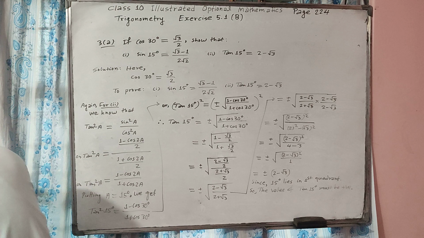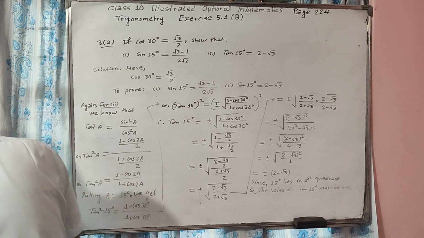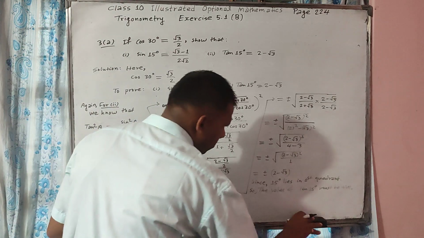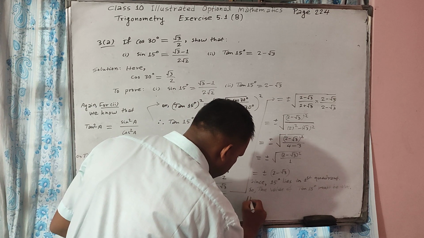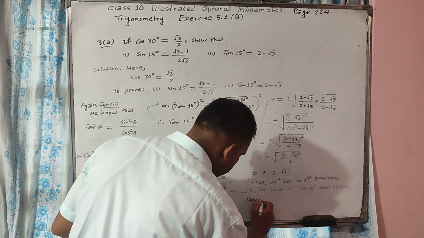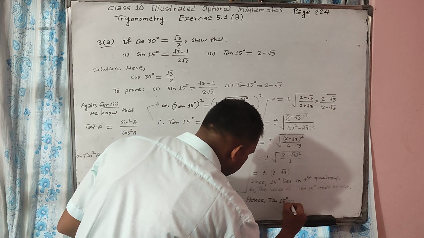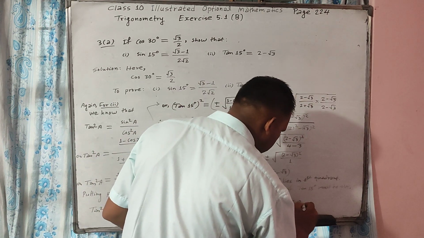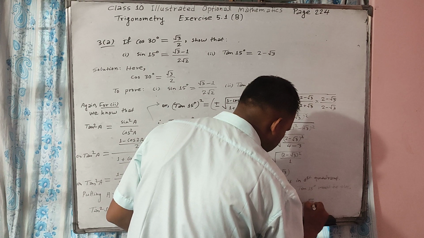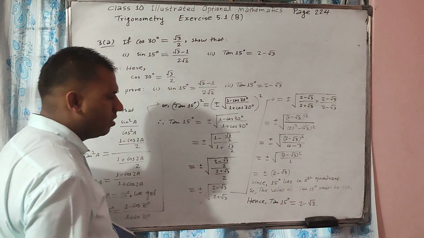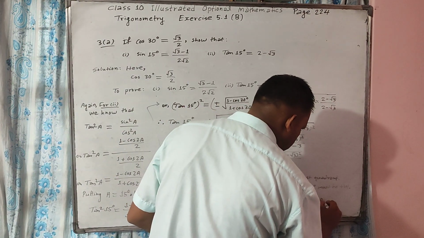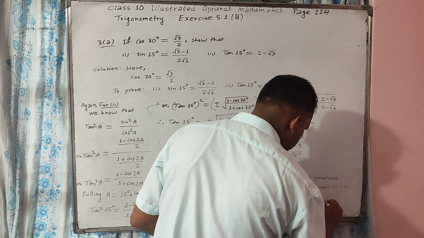The value of tan 15 degree must be positive, so tan 15 degree equal to 2 minus root 3, taking the positive sign. So it is proved.